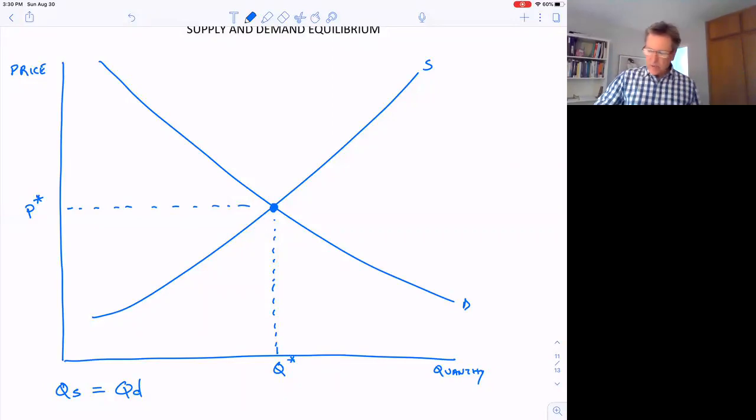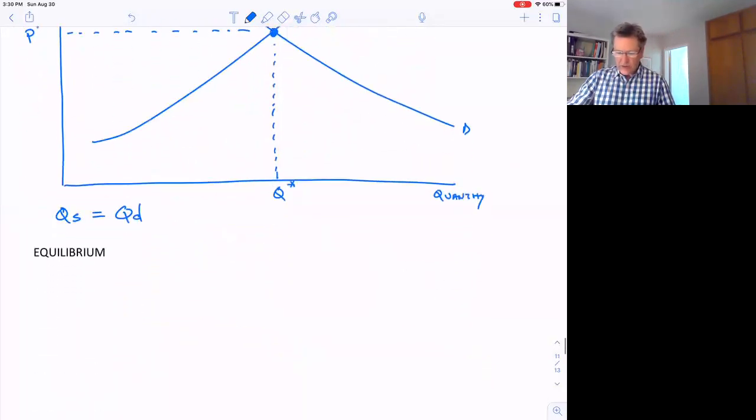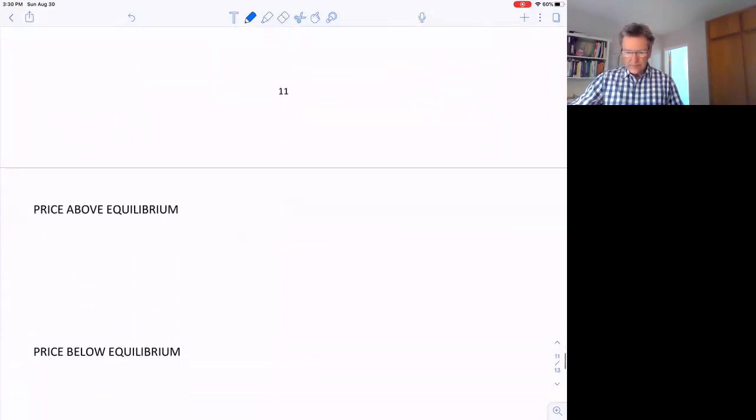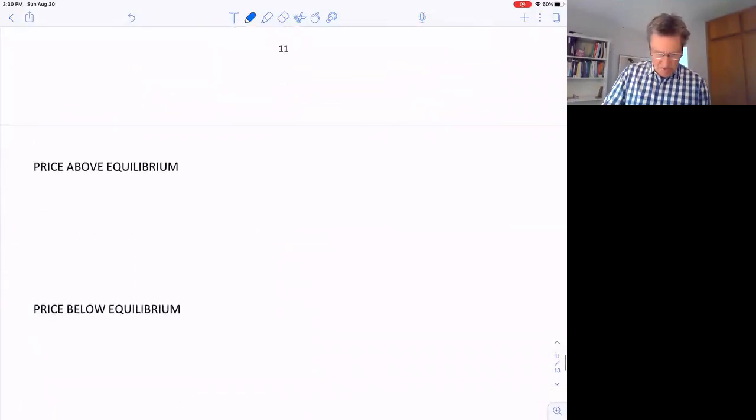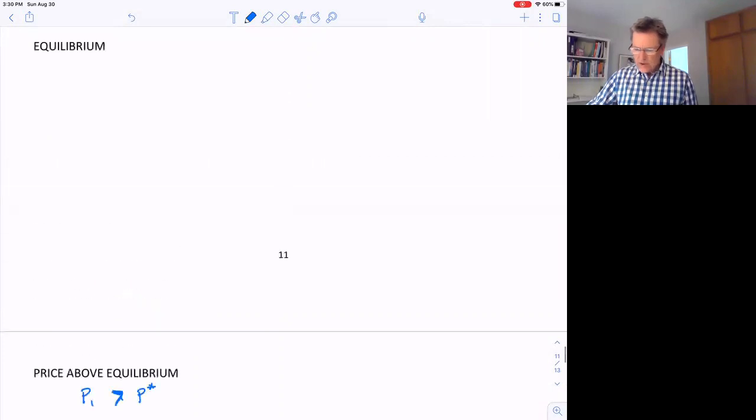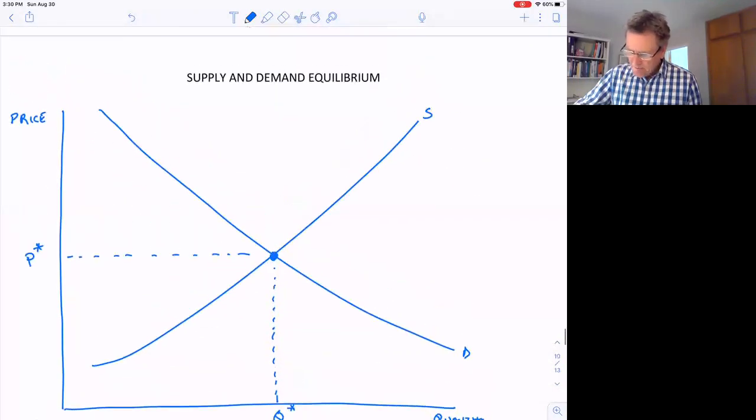Now, suppose the price is above equilibrium. Suppose that we pick a price, say P1, and it's greater than P star. What's going to happen? Well, let's pick this price right here. We'll call it P1.